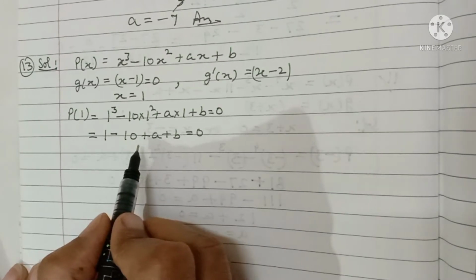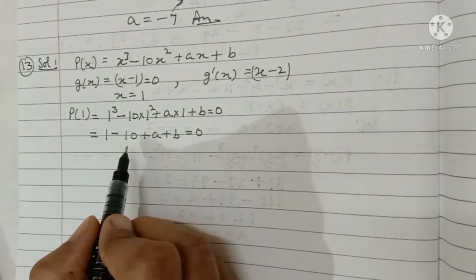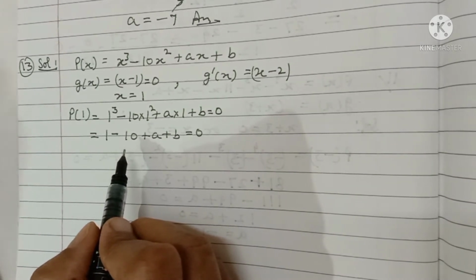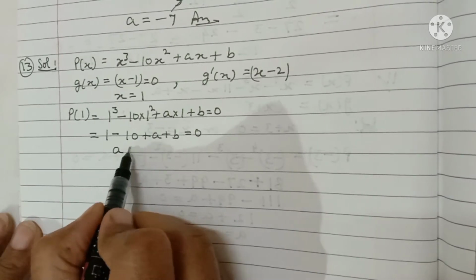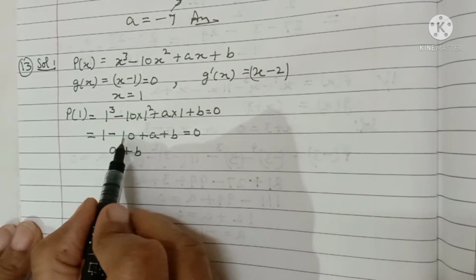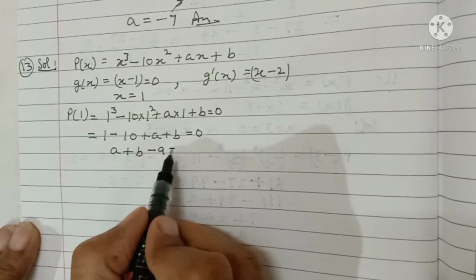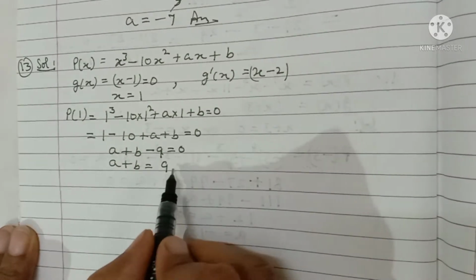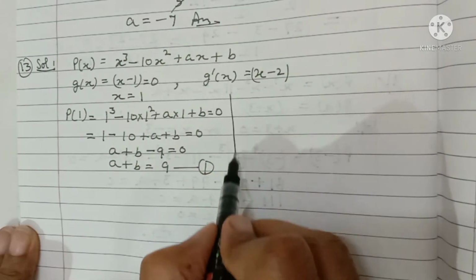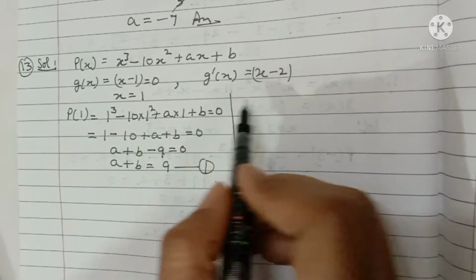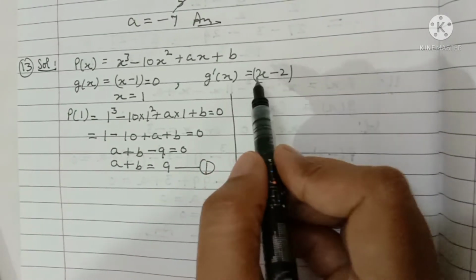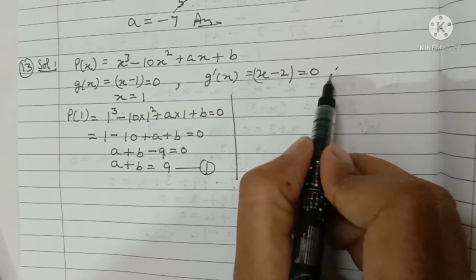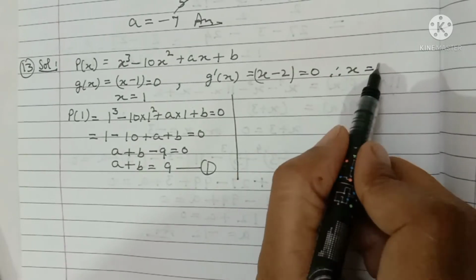Now you will get the equation a plus b minus 9 is equal to 0, or a plus b is equal to 9. This is equation first. Now calculate the value from here: p(2), putting this equal to 0, therefore x is equal to 2.